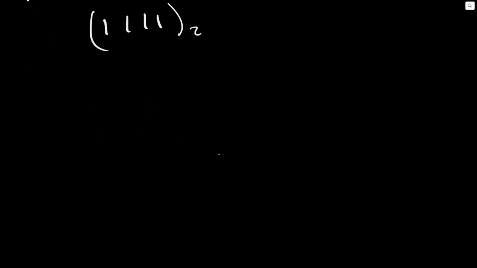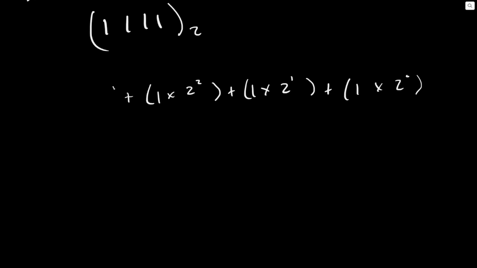First thing we want to do is, I like working right to left. So we're going to have 1 times 2 to the 0 plus 1 times 2 to the 1 plus 1 times 2 squared plus 1 times 2 cubed. Now that we have everything set up, I hope you see where this came from.